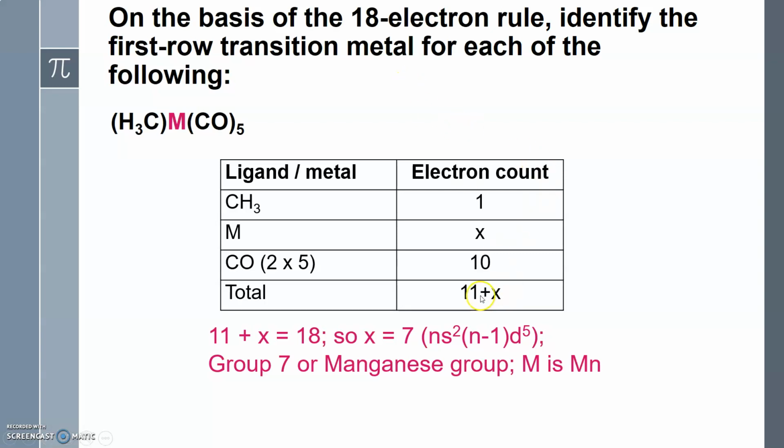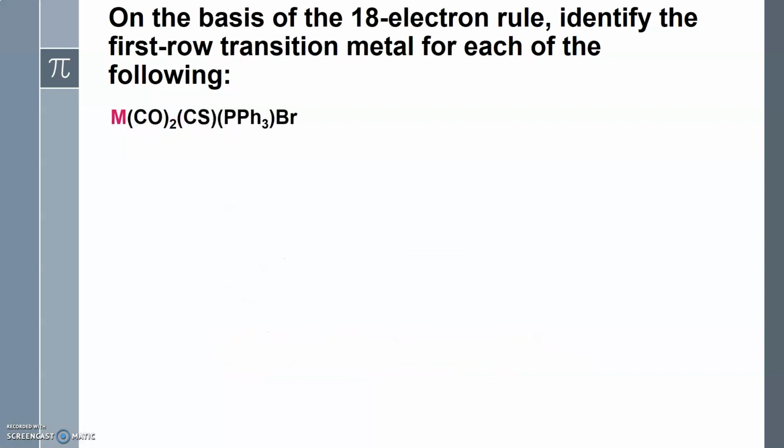The total is 11 plus X is equal to 18, because the complex obeys the 18 electron rule, and therefore X is equal to 7. Here 7 refers to group 7, which is the manganese group, and M refers to the first row transition metal. So the metal here is manganese.